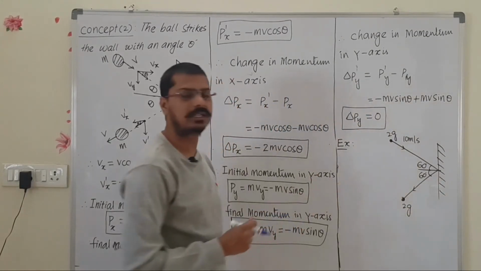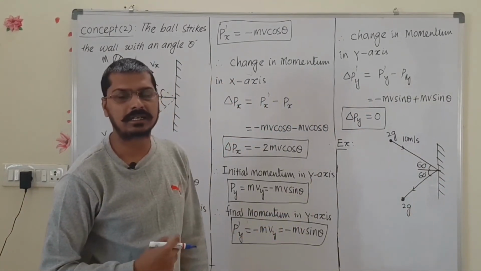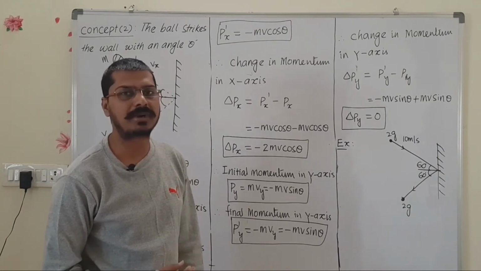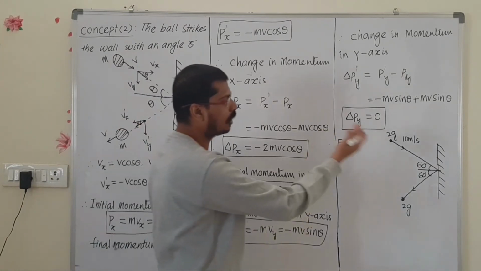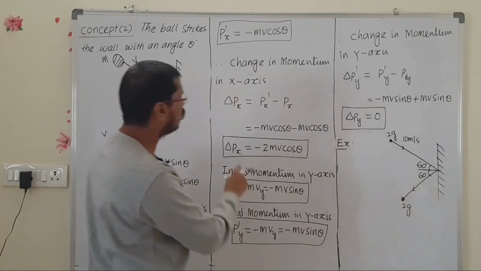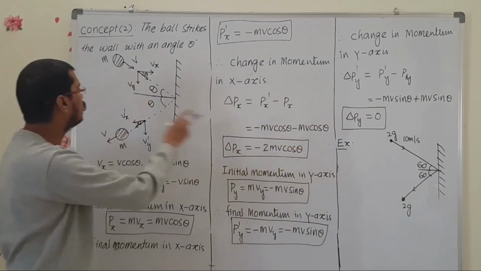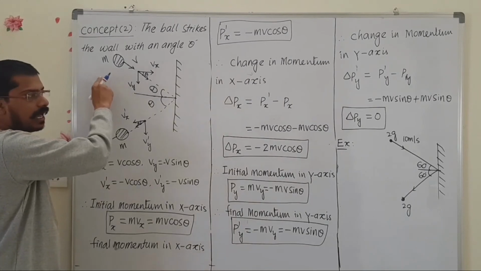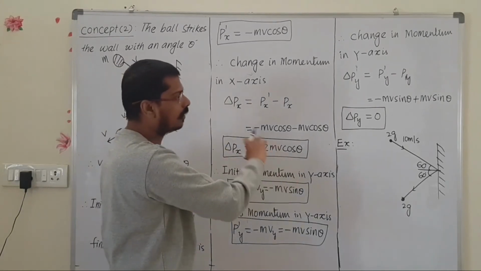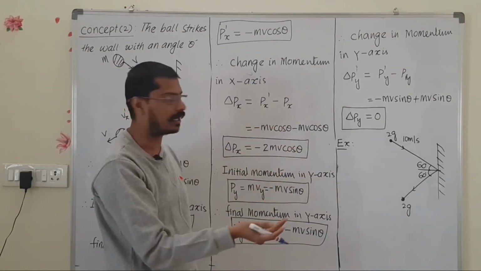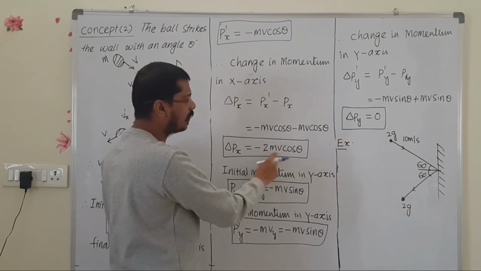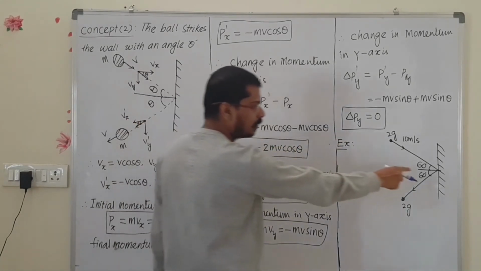Then we have to find the change in momentum along the x-axis as well as along the y-axis. Here no need to do all the things, directly we substitute, because this is similar to this concept. This time we need not find the initial momentum and final momentum. Here the mass we know, velocity we know, theta value also we know.